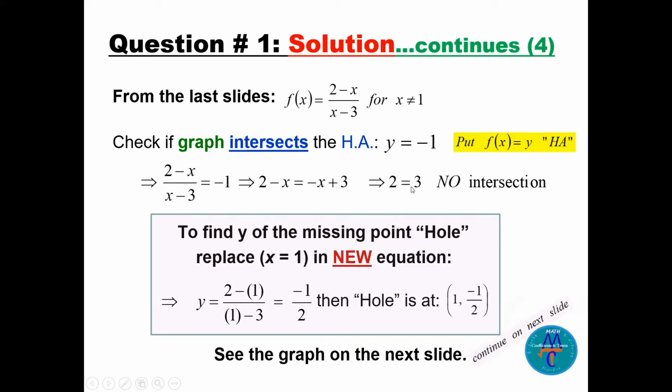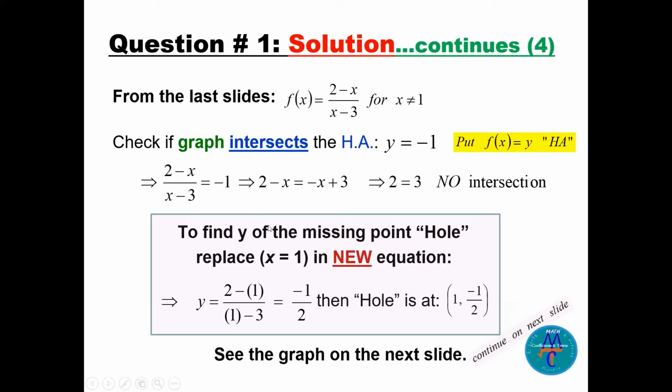In this case, there is no x. 2 equals 3, it's impossible, not correct. So there is no x, which means no intersection. We have seen examples before. You can check the other videos where we found x equals 0, or maybe x equals 2, or x equals minus half. Then there is an intersection between the graph and the horizontal asymptote.